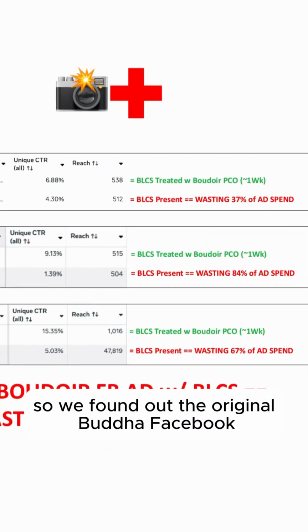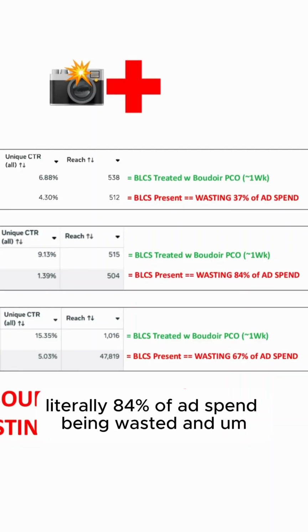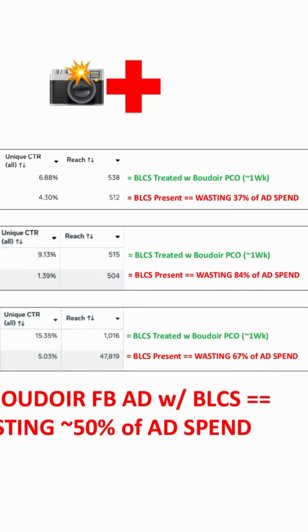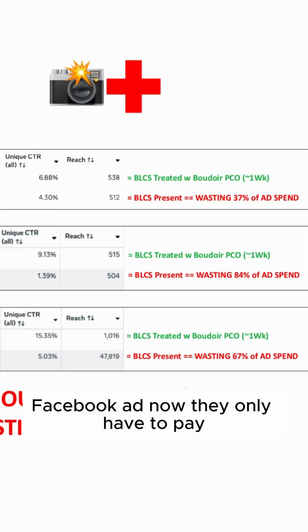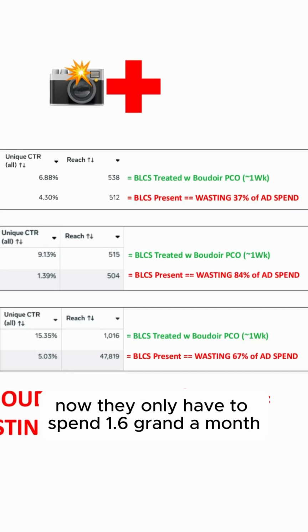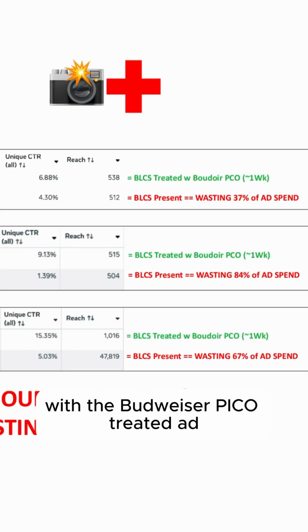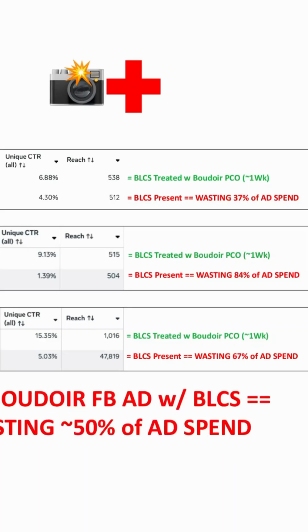So we found out the original Boudoir Facebook ad was actually wasting 84% of ad spend, literally 84% of ad spend being wasted. So if they're paying 10 grand a month on the original Boudoir Facebook ad, now they only have to spend 1.6 grand a month with the Boudoir Pico treated ad to get their ad into the same number of women's brains.